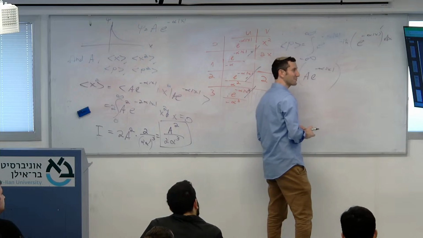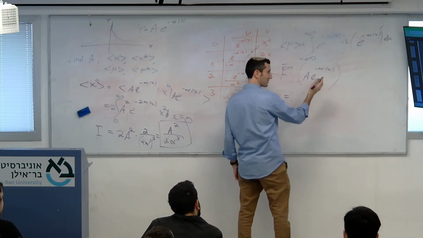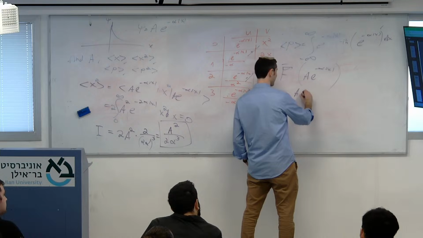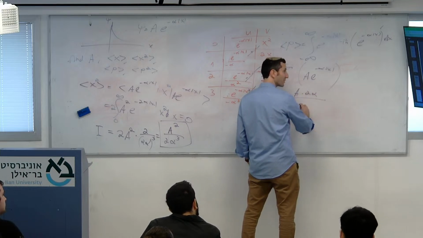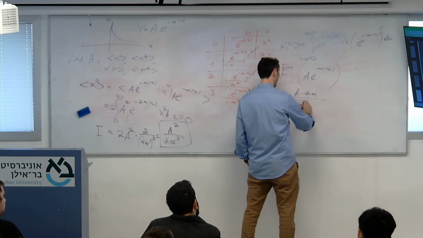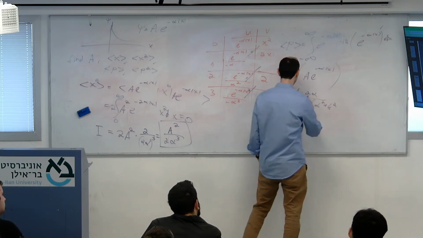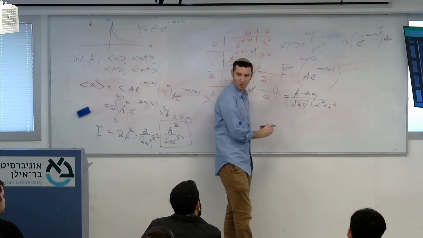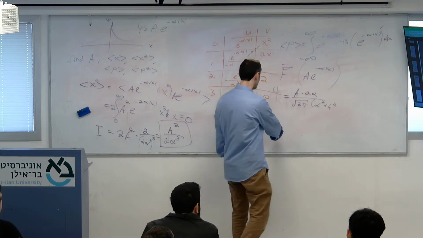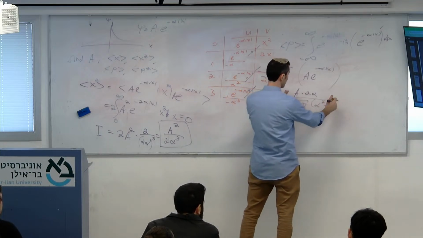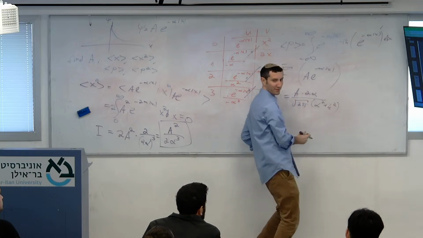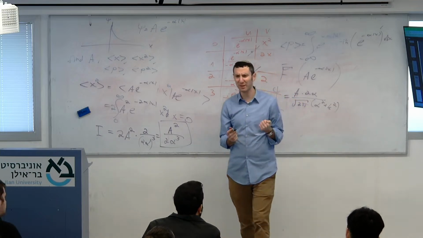And it comes out to be, you can see it in the lecture notes, a times 2 alpha over square root of 2 pi, over alpha squared plus k squared. This is the wave function. So now if I do the integral of this times, what is the momentum operator now?